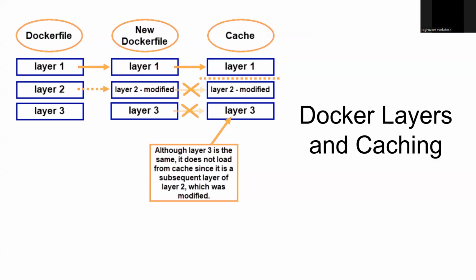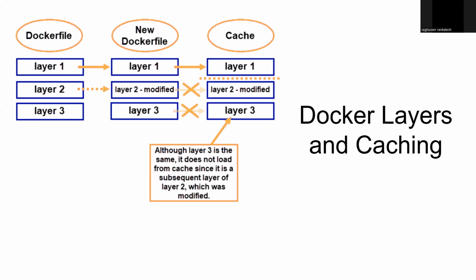So only the layers after the modifications are built again. So the way you arrange your layers, like the commands, is very important. So suppose you are installing requirements, and after that you're copying your app.py file. So your requirements should always come first before the app.py file because your requirements don't change.